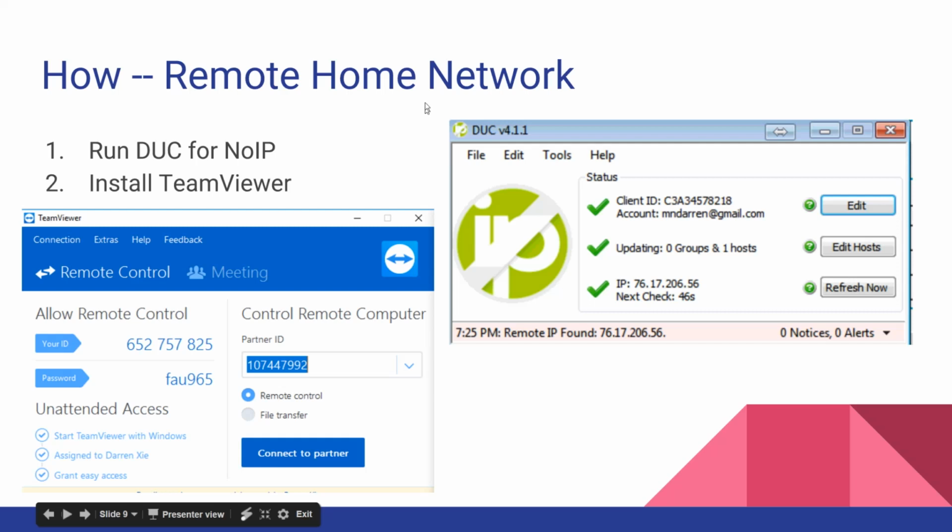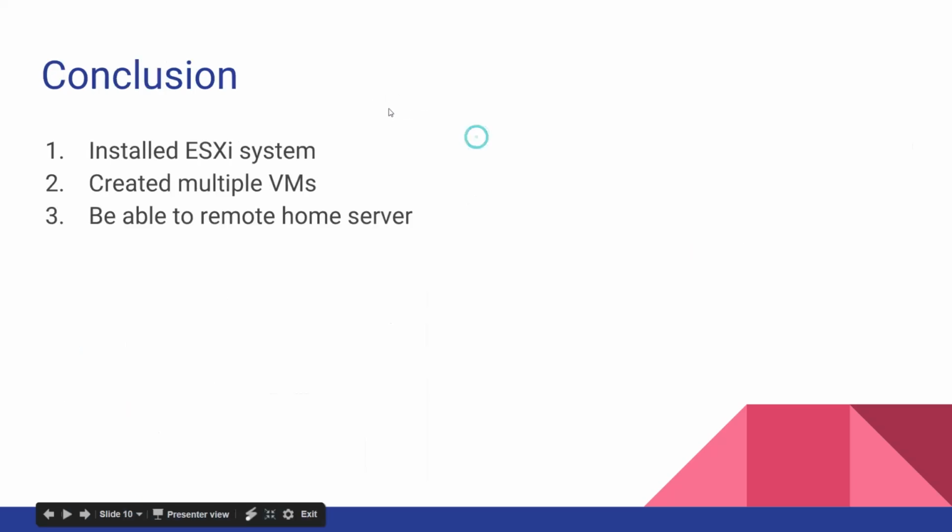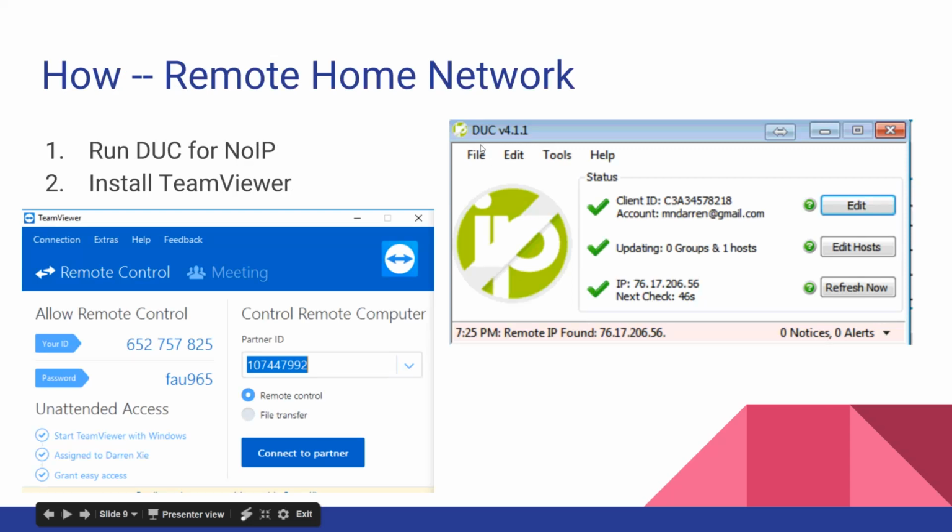And then we have to download this small software, which is DUC. This software is very important because it keeps checking your IP address. Once your IP address changes, this software will tell the No-IP website to update your IP address.